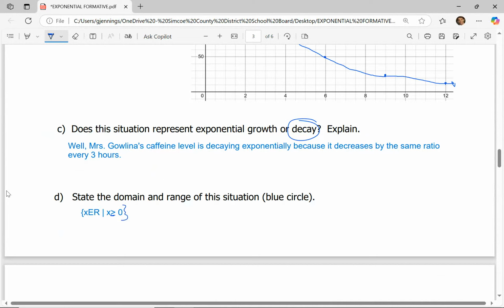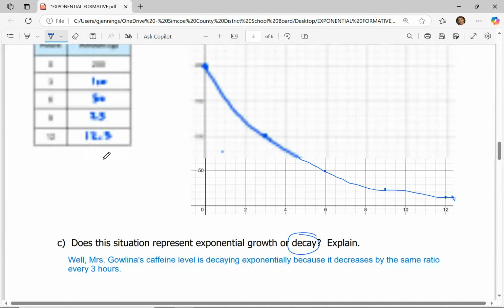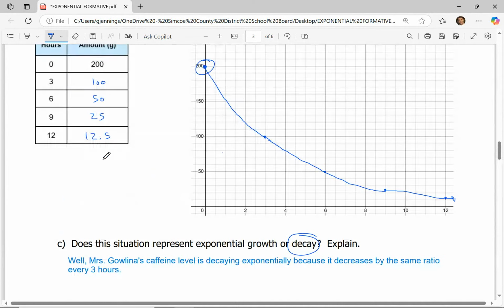Why do I say x is greater than or equal to 0? We can start at 0, but we can't really go into the before time. There wasn't caffeine there. She drank it. And actually, to be honest, it would look more like as she absorbed and then sort of join there. Probably the absorption curve is pretty fast for caffeine, but you know, this is math class, not nursing or medicine.